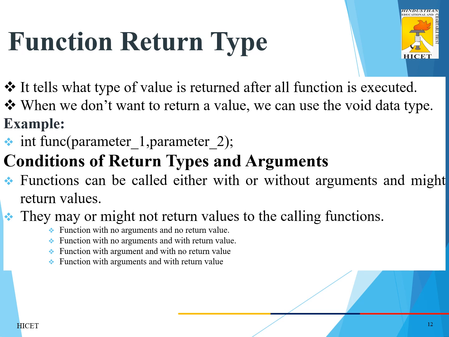We can also combine it with arguments. So we have a function with no arguments and no return, next one is no argument but with return, and another one is with argument but no return. It gives flexibility depending on what we need.